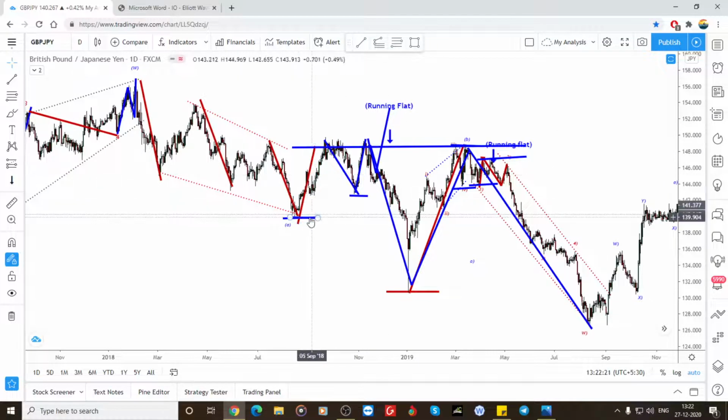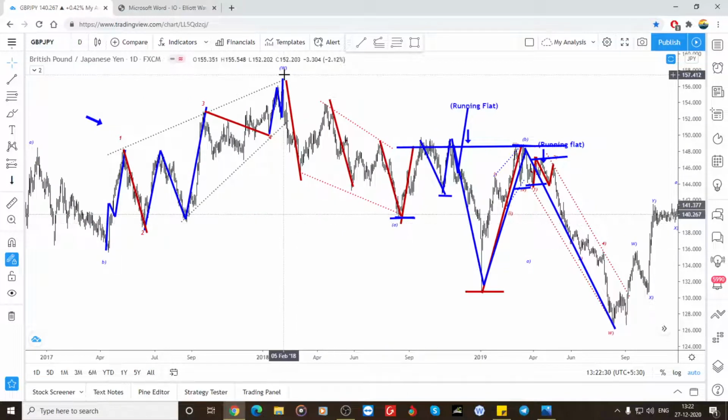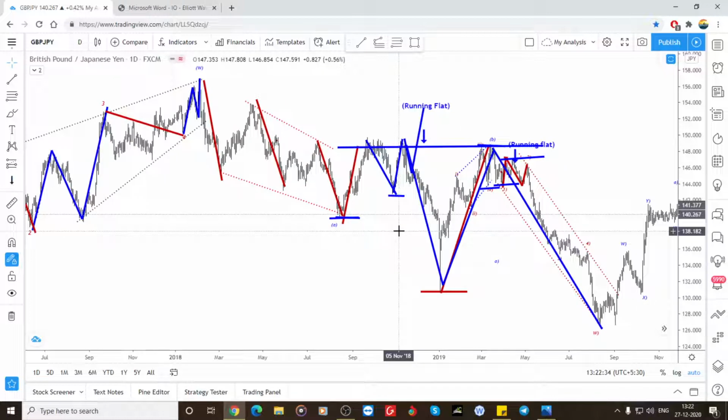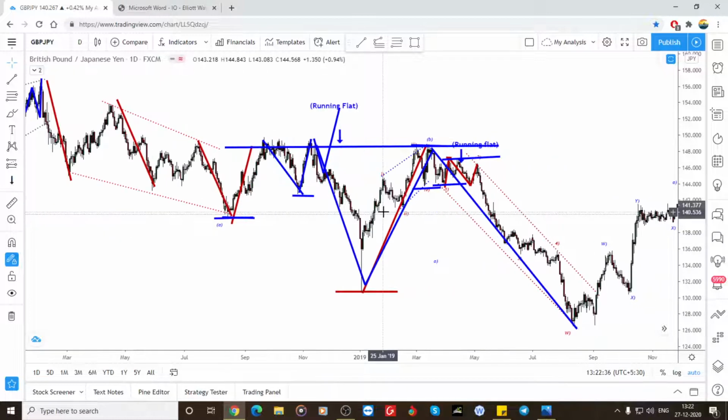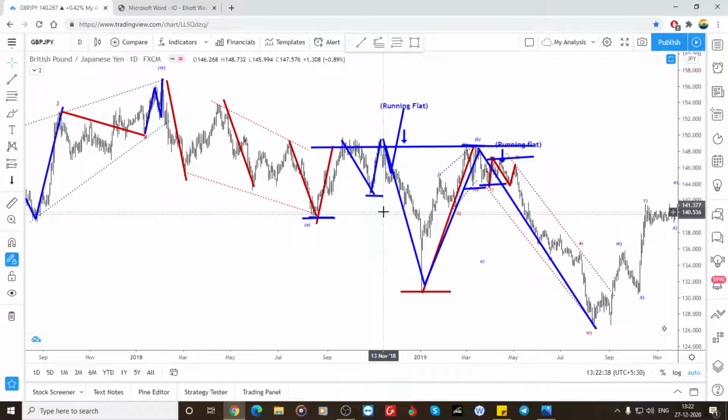How you have to trade means, expecting the B wave, don't trade that B wave. Trade only that C wave, and if you are very good at catching that drop, you can trade this wave A also. So in the corrections, allow the chart to make the pattern, and you can find the pattern with the help of Elliott waves, and you have to make money.